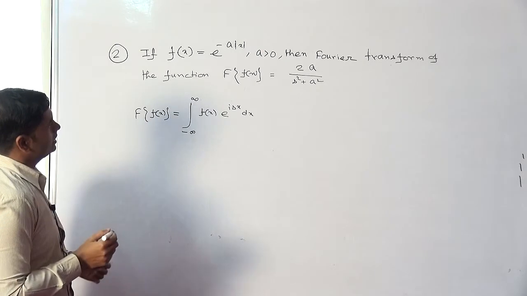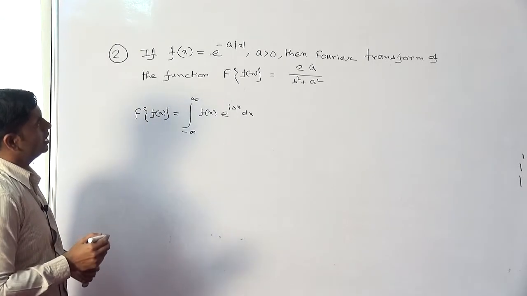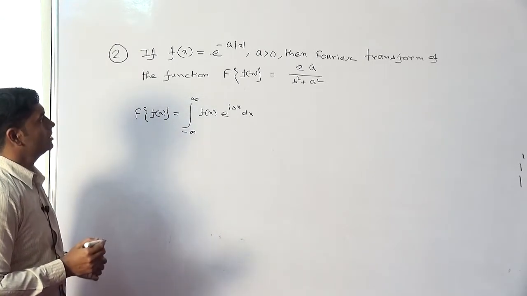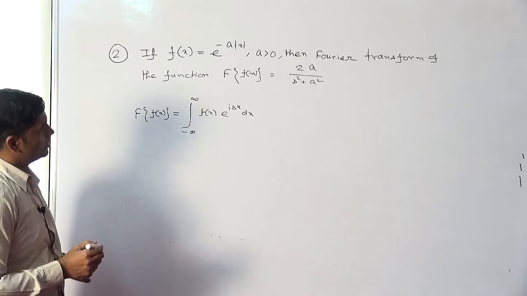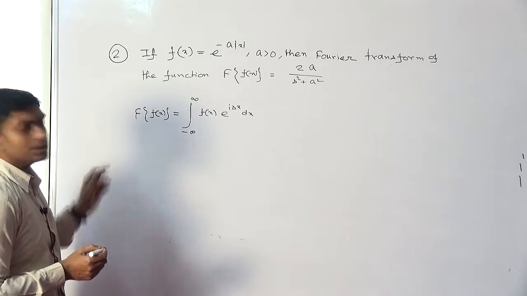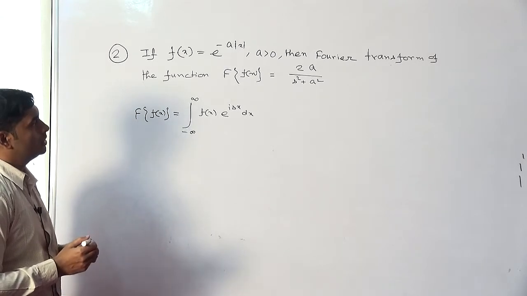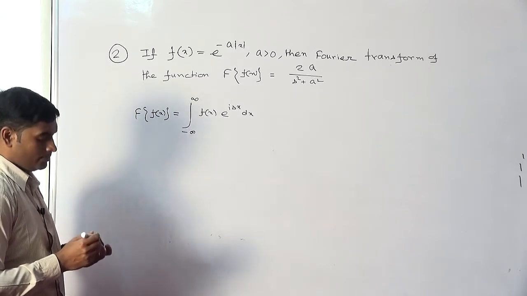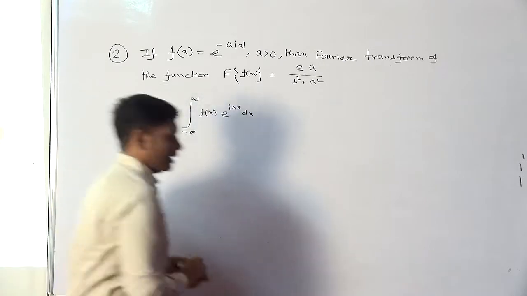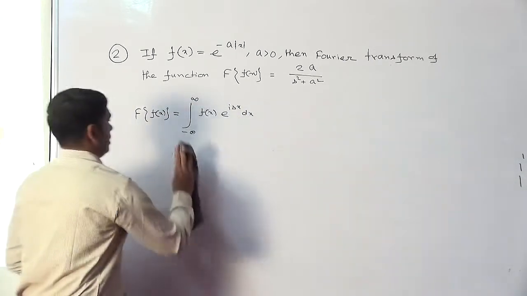Now see that this function is an even function, right? Therefore we can evaluate this as twice the Fourier cosine transform of that function, right? So let's evaluate that.